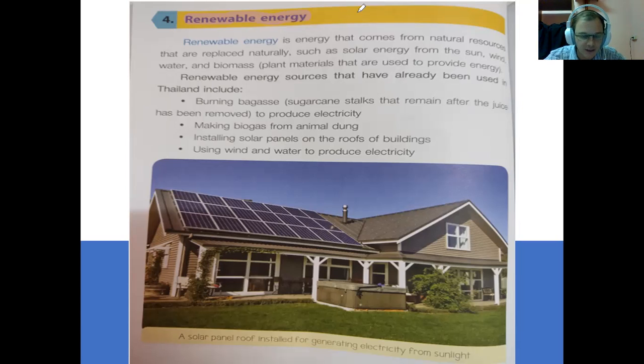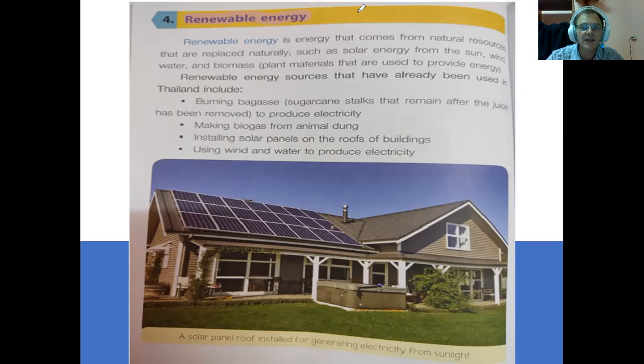So let's look at what they tell us here. Renewable energy is energy that comes from natural resources that are replaced naturally, such as solar energy from the sun, wind, water, and biomass, plant material that is used to produce or provide energy.